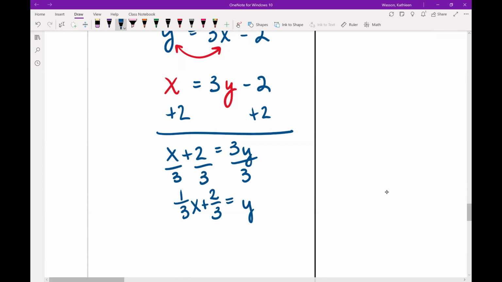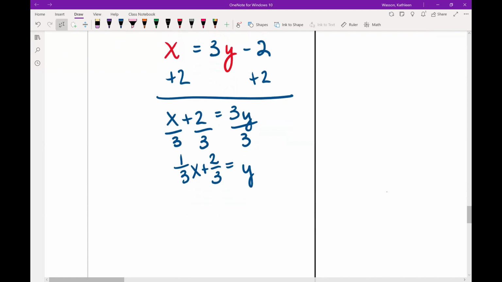Be sure not to write this as a decimal because 1/3 would have to be rounded to be written as a decimal. So we'll keep the fraction. Last step, I will replace y with function notation.